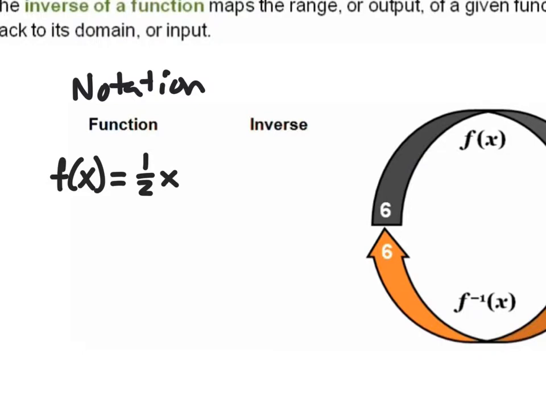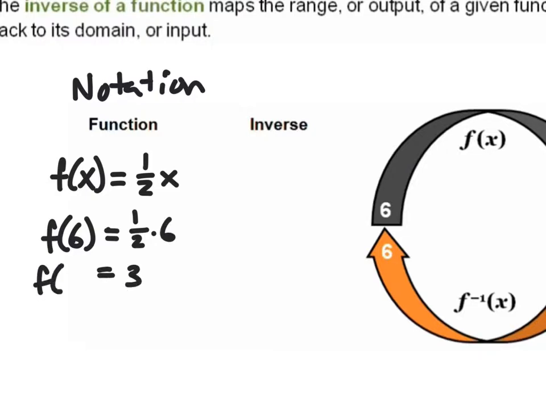Then if I were to plug in f of 6, plug in 6 for x, that's going to give me 1/2 times 6, which gives me a value of 3. So f of 6 is equal to 3. Now therefore I have on the function this point 6, 3.